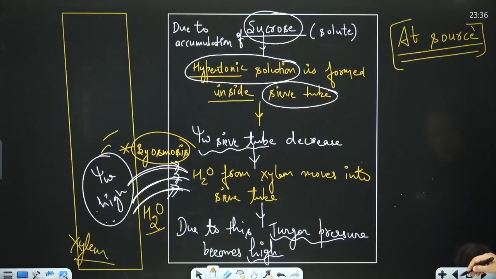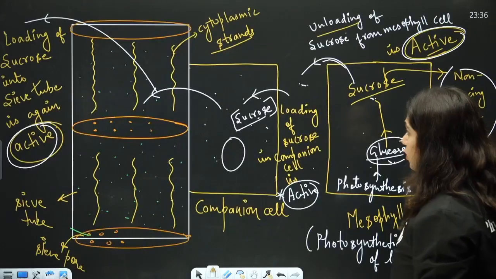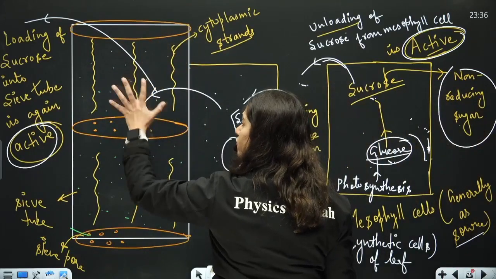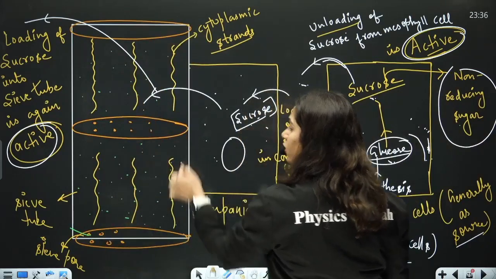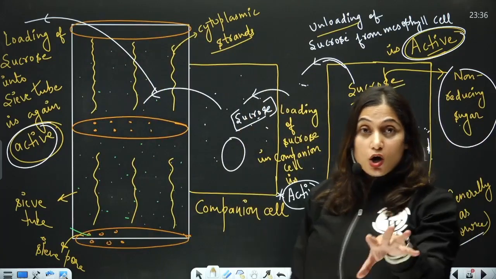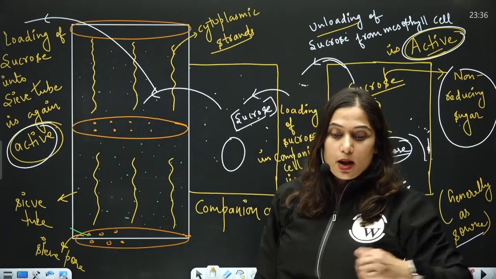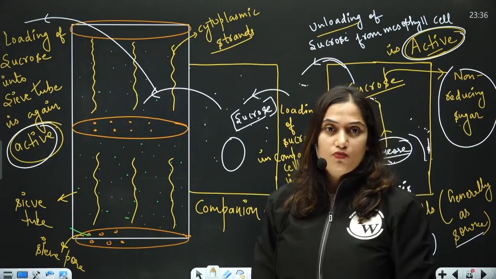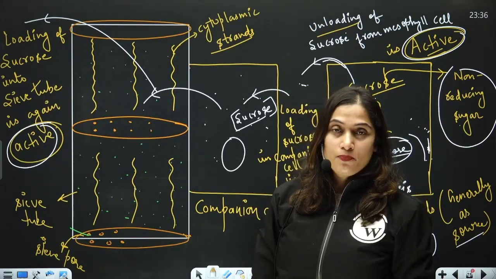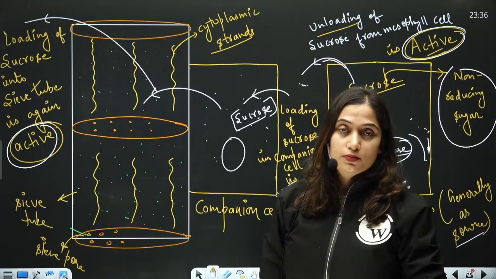And this movement of phloem sap in the phloem is also helped by these cytoplasmic strands, because when the phloem sap moves across the sieve tube, it will not be apoplastic movement, it will be symplastic movement, because the sieve tube is not dead.